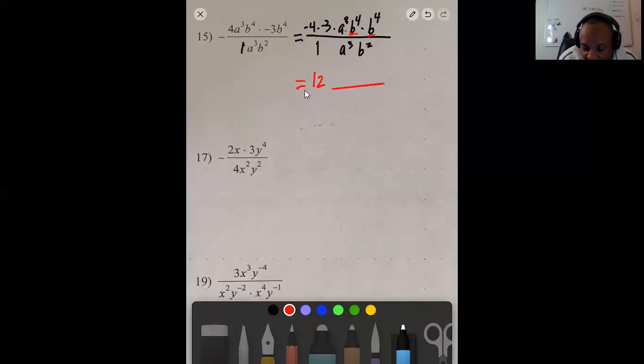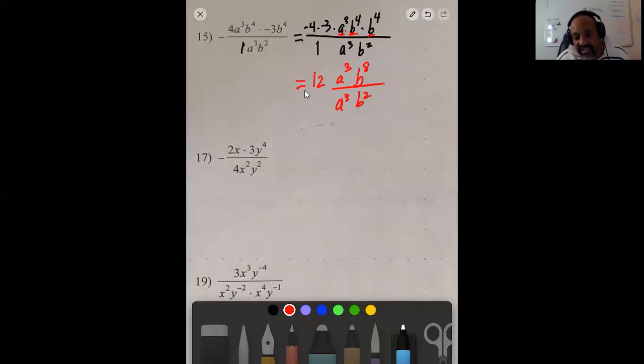Remember, we're multiplying. So when you see a product, you keep the same base and add the exponents. So 4 plus 4 is going to be 8. We also have this a cubed, so we're going to bring this here, and then on the bottom it's going to be a cubed b squared.